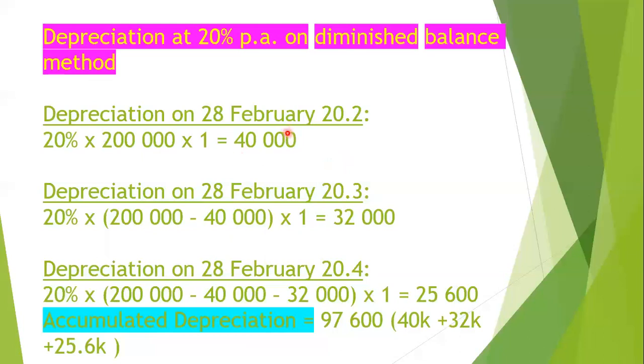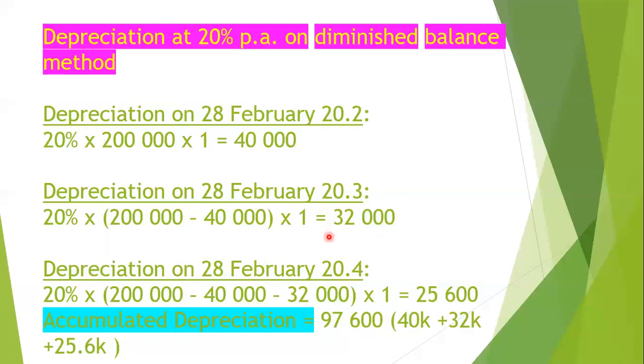So the same 40,000, they took it here, 20% times the 200,000 minus the 40,000 times 1 over 1, and it gives you 32,000. And you can see the difference here. In the first year, the depreciation for 28th February 20.2, this was 40,000. In the second year, the depreciation diminished, it decreased to 32,000 Rand. Okay, because why? We minused this 40,000 here from the 200,000 Rand.